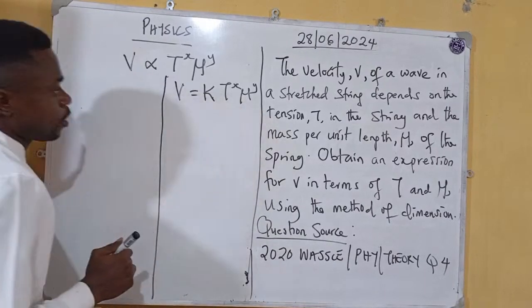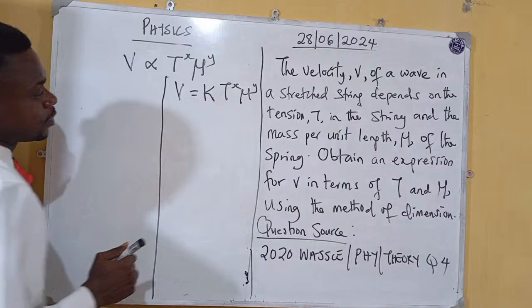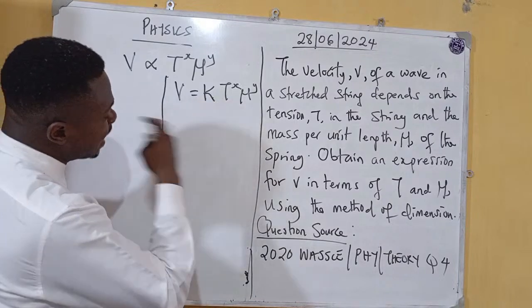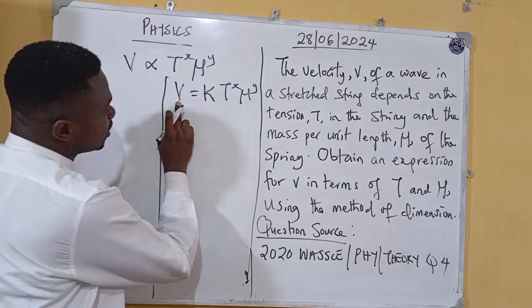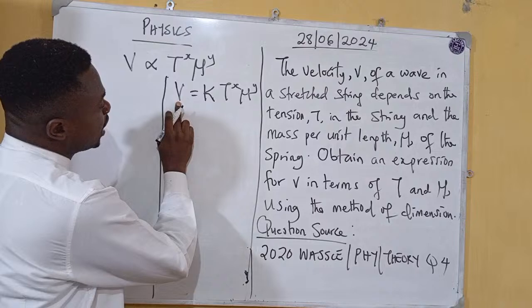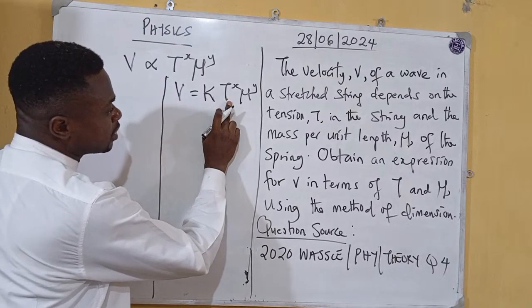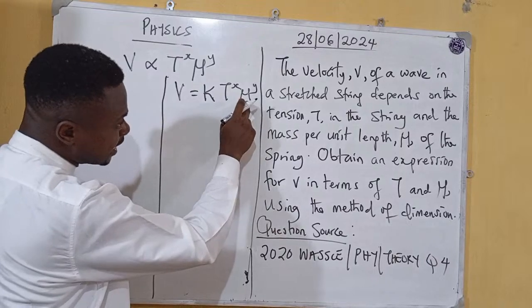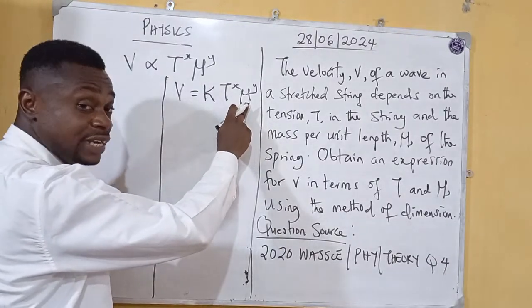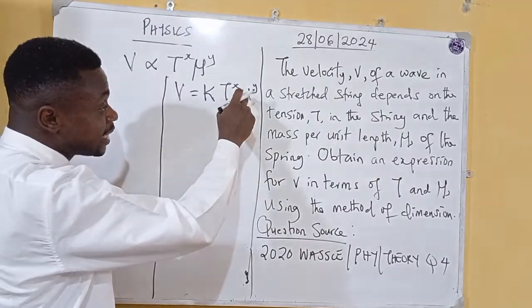Now, what are we going to do? Let's break this thing down. These things are just the symbols of the physical quantities. This thing is mass per unit length, so we still break this one down further.